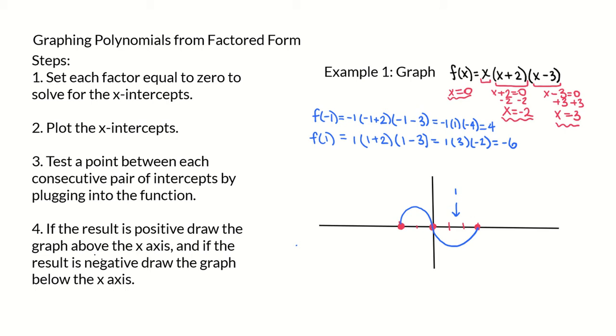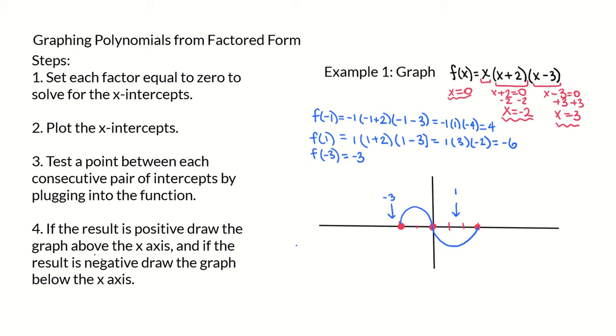So it only remains to determine what happens on the ends of the graph. To do that, we'll choose any number to the left of the leftmost x-intercept, negative 2. So we could choose the number negative 3. And again, we'll find f of negative 3.